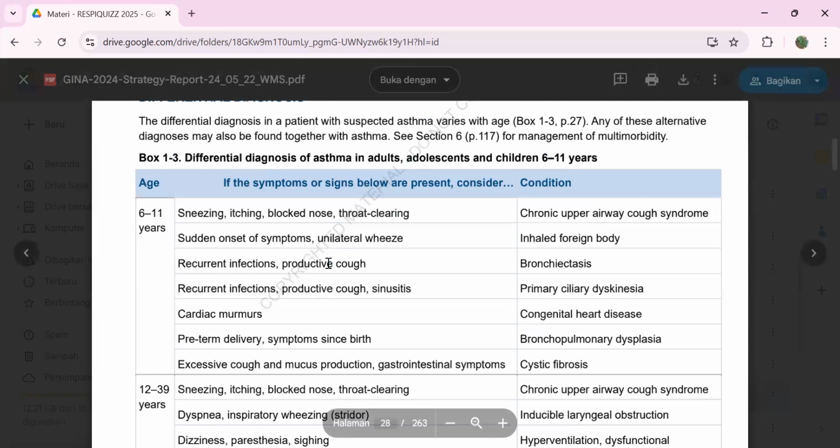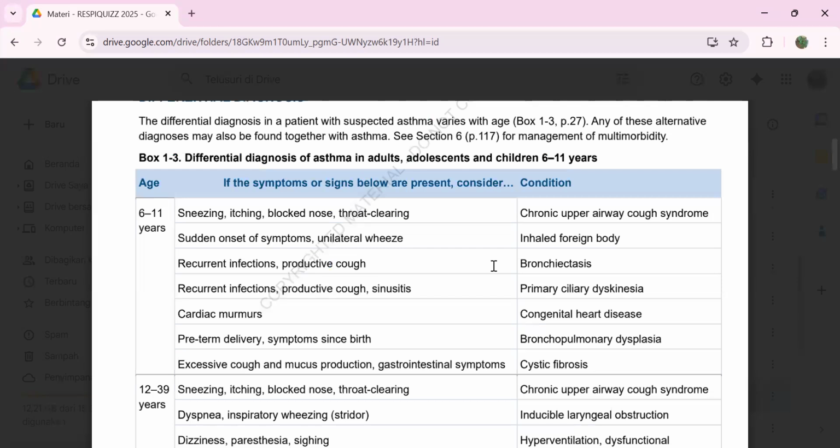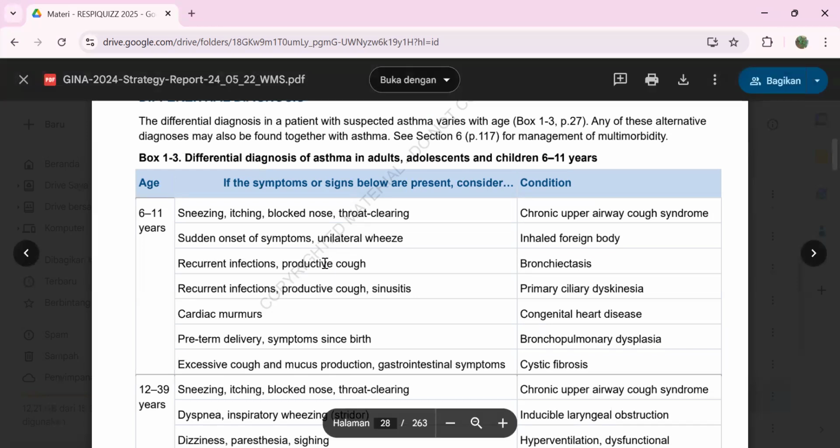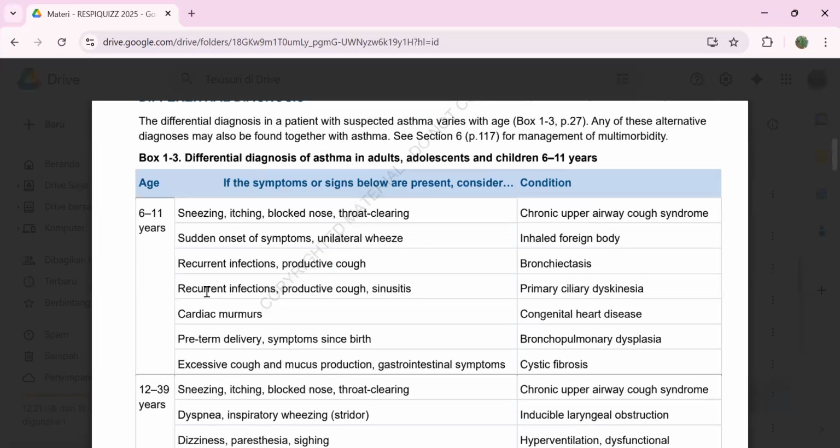And recurring infection with productive cough, we should think about bronchiectasis, because in bronchiectasis there is daily sputum production, and the daily sputum production can obstruct the airway, make bacteria accumulate and cause the recurrent infection.